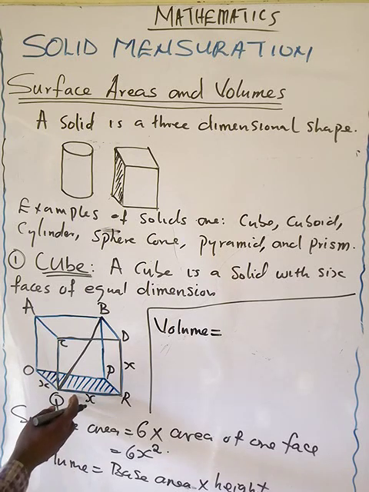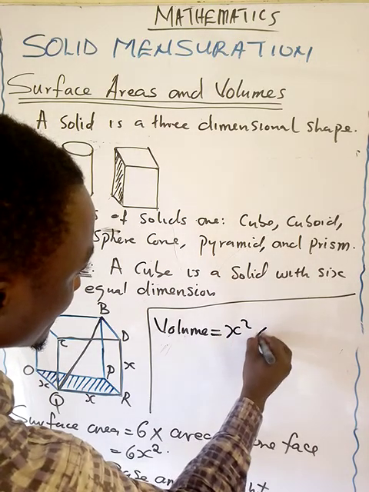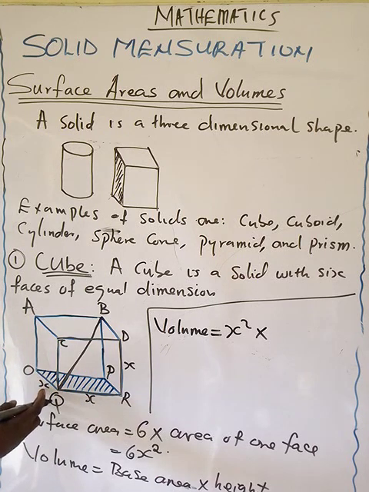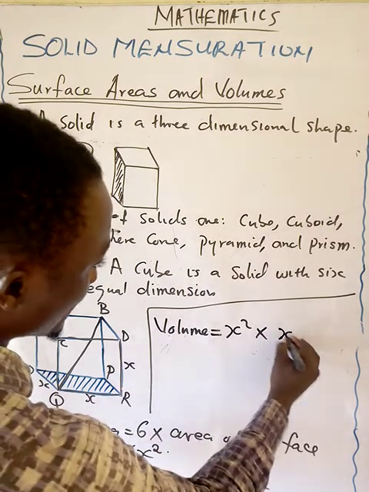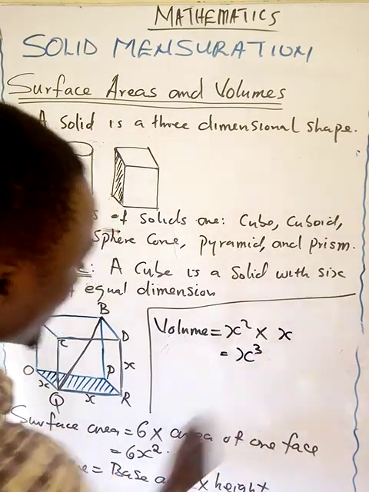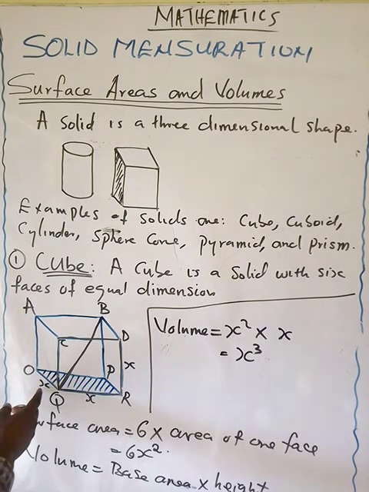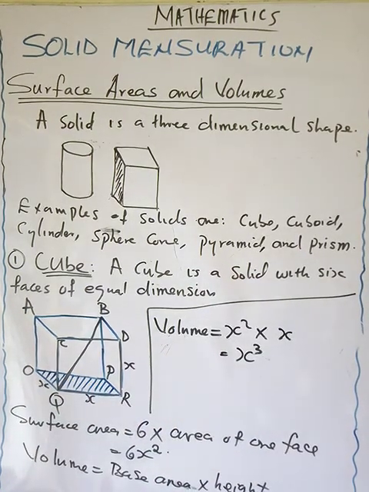The base area is x squared. Look at the base here, from here to here. Base area x squared times height. From here to here is our height, which is x, which gives x raised to power 3. So to calculate for the volume is base area times height.